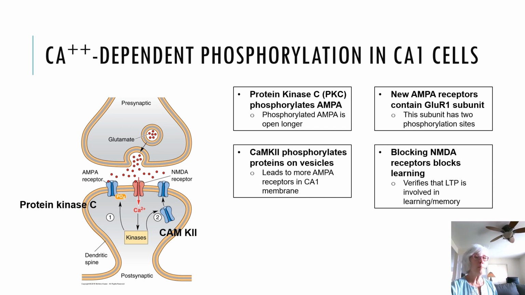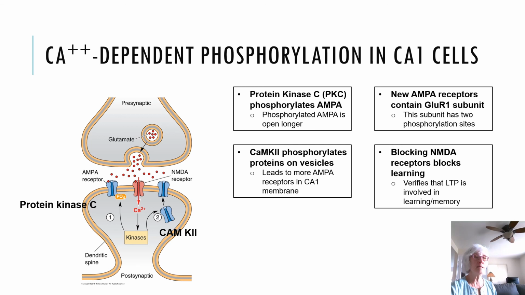We know that blocking of the NMDA receptors blocks learning, so this verifies to us that calcium moving in through the NMDA receptors is really what's responsible for long-term potentiation, and that is involved in memory. So it's not just looking at a series of molecular events that is like a gee whiz sort of thing.